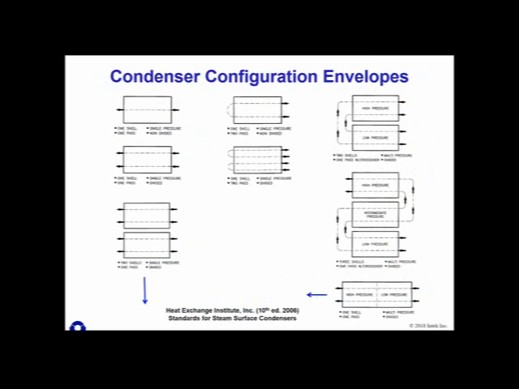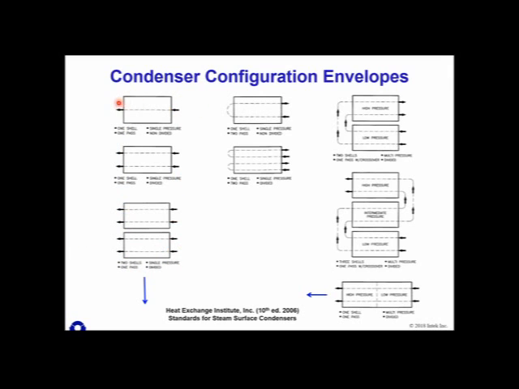So continuing on with some terminology, there are different configurations on the cooling system and turbine specifications. On this slide are the different condenser configuration envelopes. The arrows correspond to cooling water flow rate, and here on the left, this left column is single pass water, so water that goes straight through a shell.